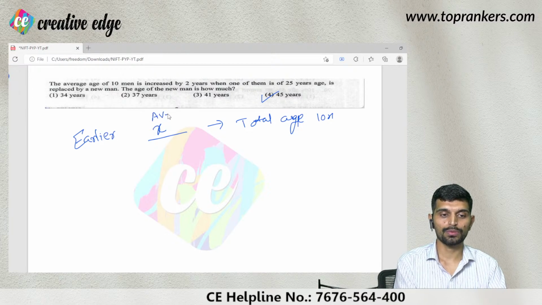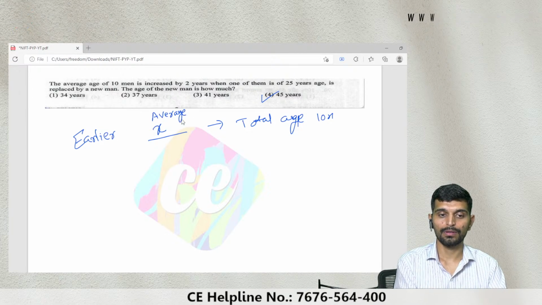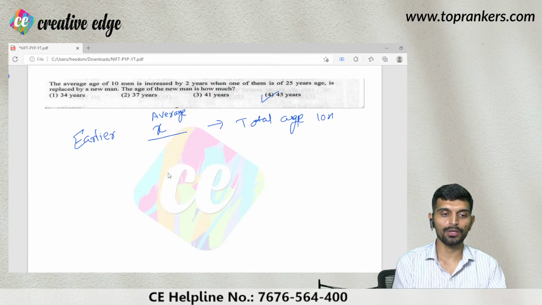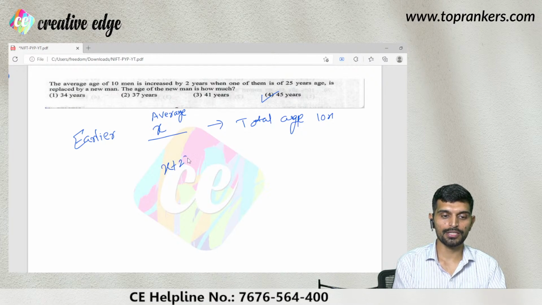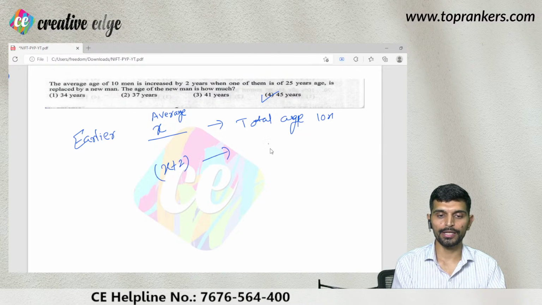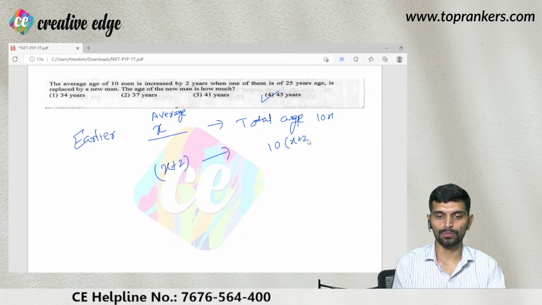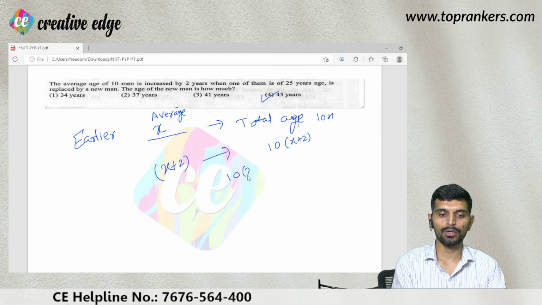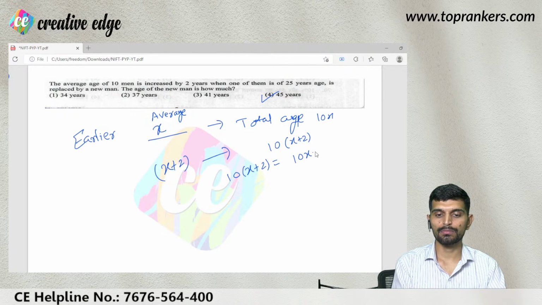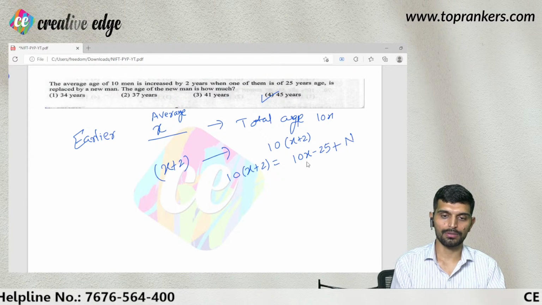This was the average, right? And this gets increased by 2. New average is x plus 2, right? So total age will be 10 into x plus 2. And this 10 into x plus 2 is equal to 10x minus 25 plus new person, right?